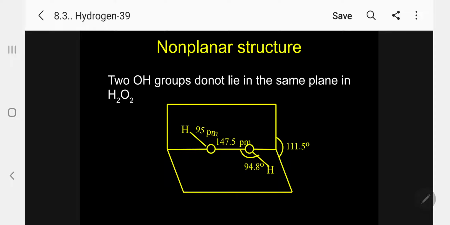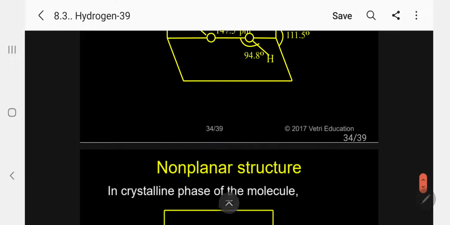So it is a non-planar structure. Between O-O is 147.5 picometer, between O and H 95 on one side and 94.8, again about 95, on the other side. This bond angle is 111.5. Kindly follow. This is the important information regarding the structure.